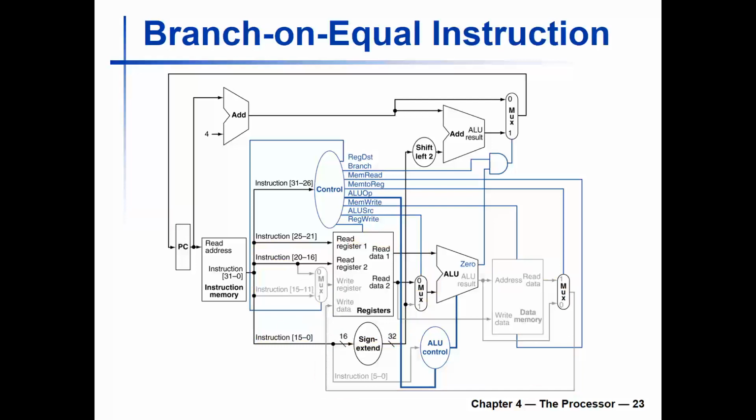In terms of branch on equal, I access the two registers, and then I send them to the ALU and compare them here. If there is a zero detect, I send it over here to modify the PC plus 4, or PC plus 4 plus offset. Now notice this immediate data or offset goes in here, is extended, and goes through the ALU, so that I can compute the branch target.